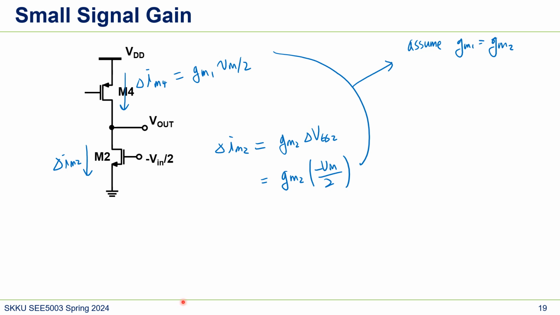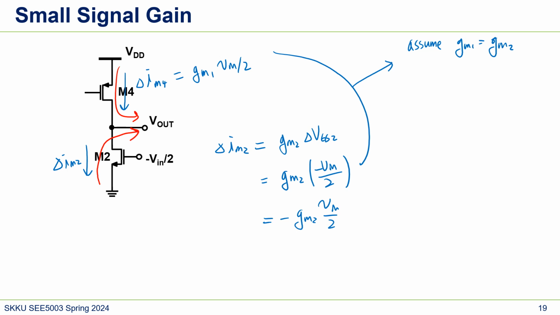And the direction is kind of tricky. So delta IM4 goes down, and delta IM2 goes down. But the polarity of delta IM2 is what? Minus, right? This is because of minus GM2 Vin over 2. So in net, delta IM2 is going this way, and delta IM4 is going that way. So we can add them.